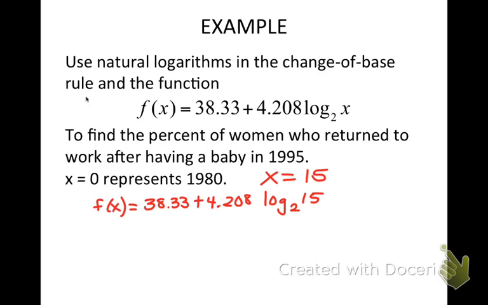I don't know what log base 2 of 15 is, but luckily we can do that by using the change of base. So either in your calculator, type in log 15 divided by log 2, or type in ln 15 divided by ln 2, and let's turn this into an actual number.